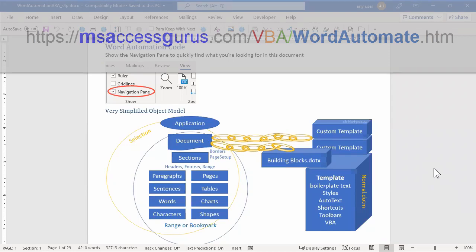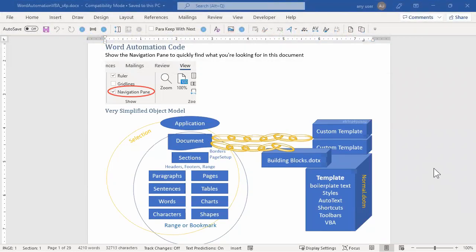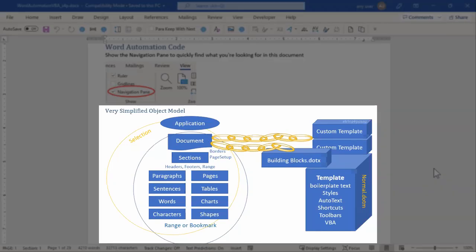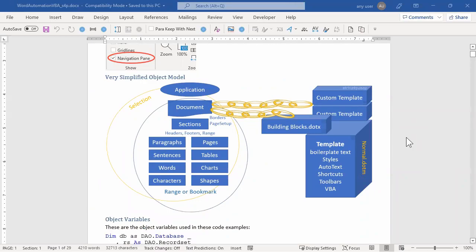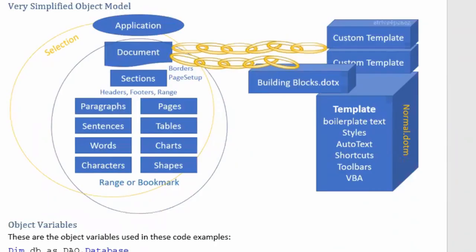Before we get into automating Word, we really need to understand the object model. And so I drew a very simplified diagram to explain things a little bit for you. And here it is. So at the top of the object model, of course, is the application, the Word application.